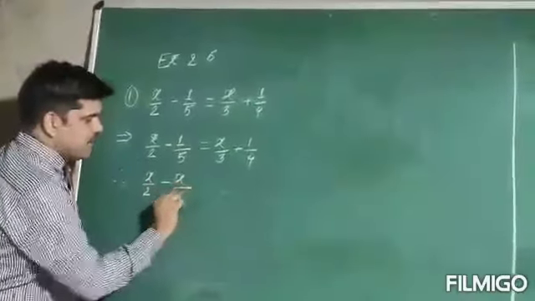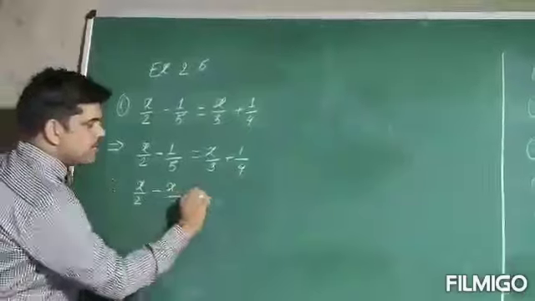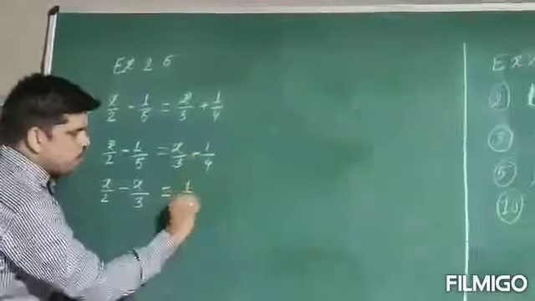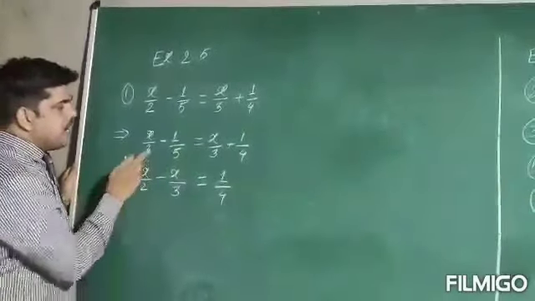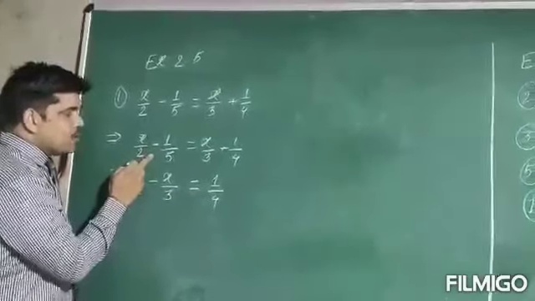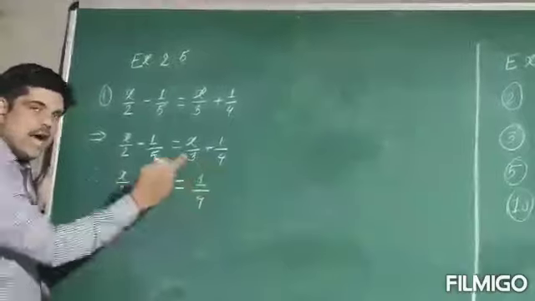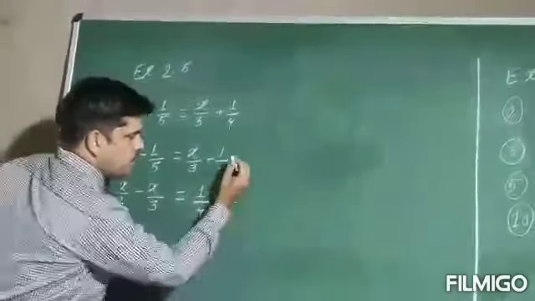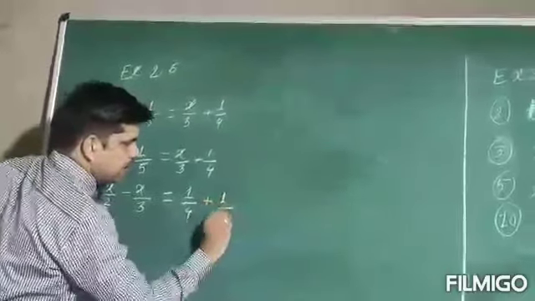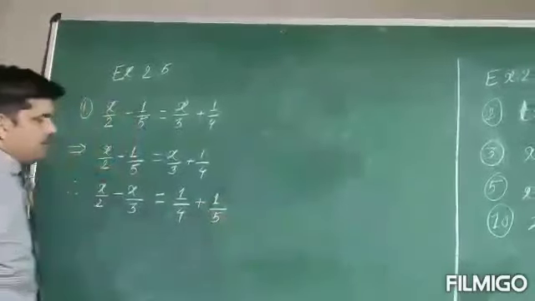So minus x upon 3 is equal to 1 upon 4 as it is, which was in RHS. Now from LHS minus 1 upon 5 will shift to the RHS, so minus will become plus 1 upon 5.